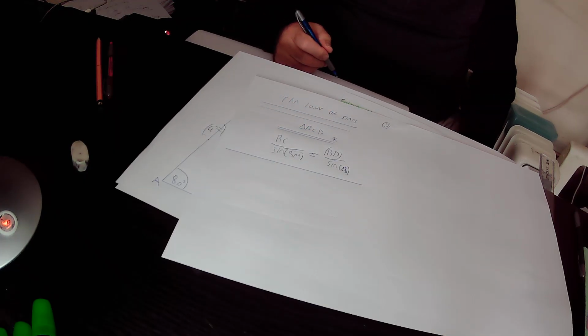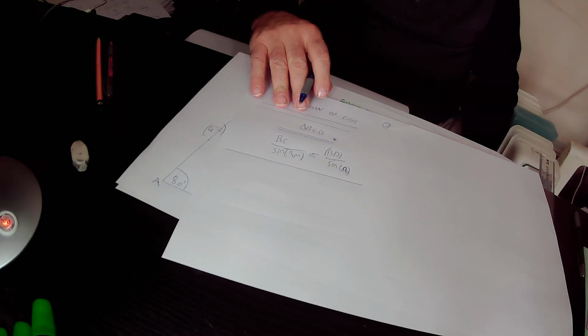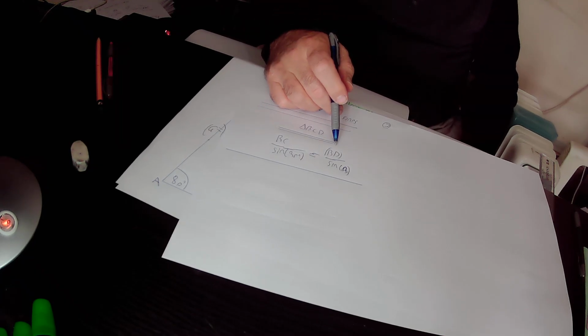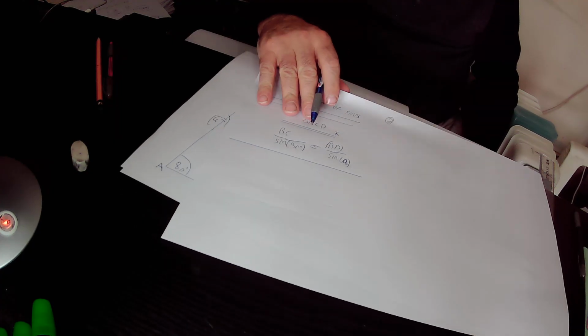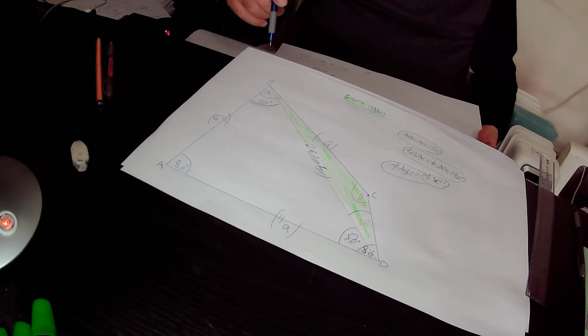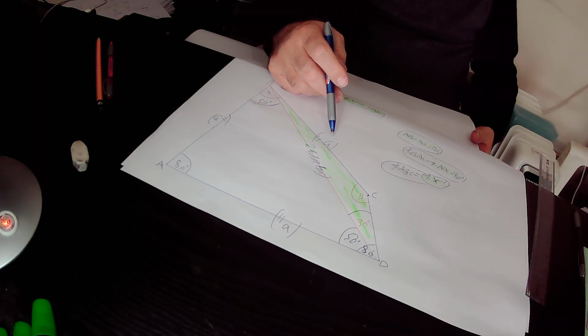We already found that BD is equal to 2A sine 40 degrees. So we substitute BD by 2A times sine 40 degrees, and BC equals A, so we substitute BC by A.